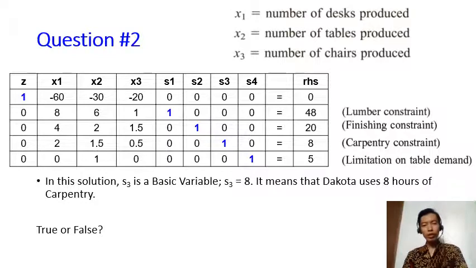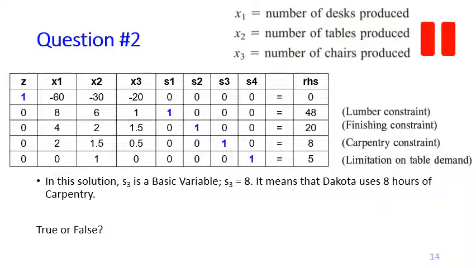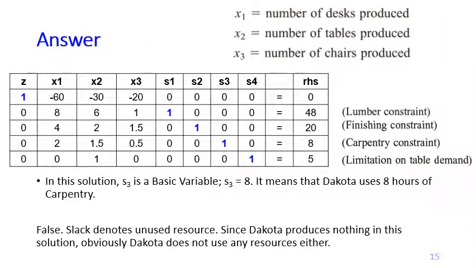The second question: in this solution, S3 is a basic variable and the value is 8. So S3 equals 8. It means that Dakota uses 8 hours of carpentry in this solution. Is this true or false? Well, the answer is false. So S3 is a basic variable.